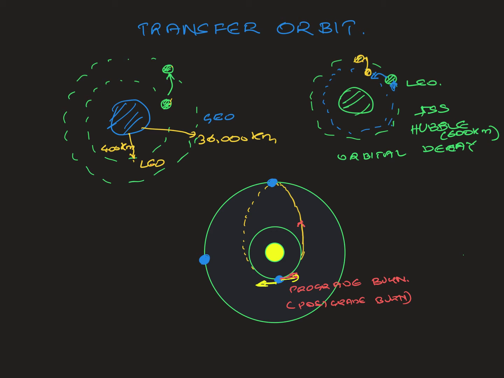What will happen is that the satellite will move with a high velocity, and during this path, the kinetic energy is converted into potential energy, and by the time the satellite comes here, it won't have much kinetic energy, but it will have high potential energy.